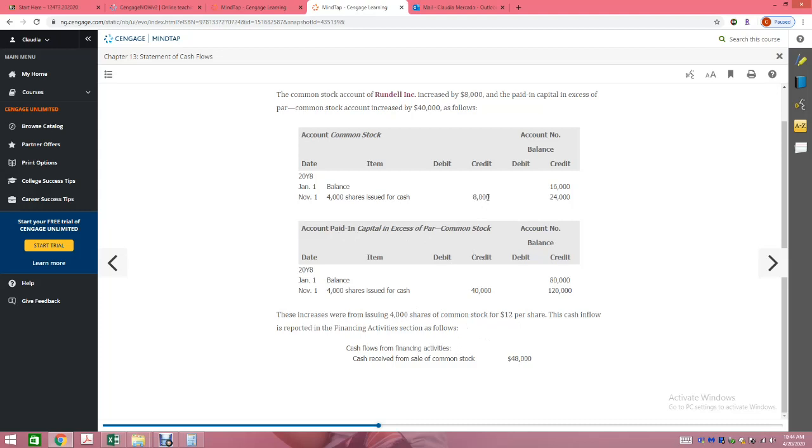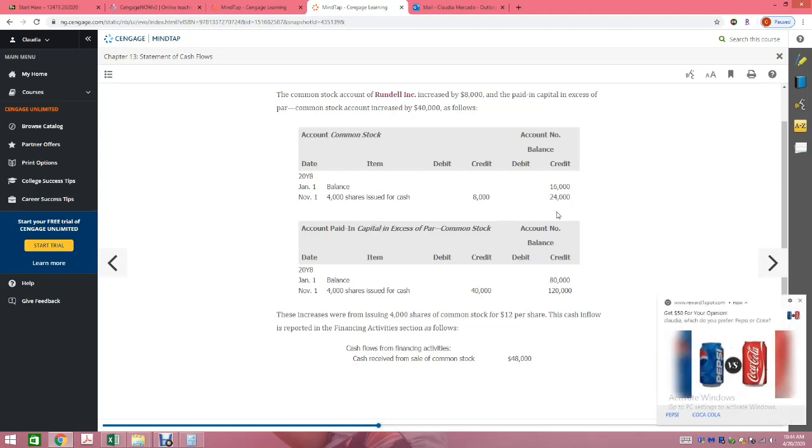So it's the 8,000 plus the 40,000 that gives you the total to enter in cash received from the sale of common stock. When you're analyzing your stock, you need to add the common stock account plus your paid in capital account. That is what needs to happen.